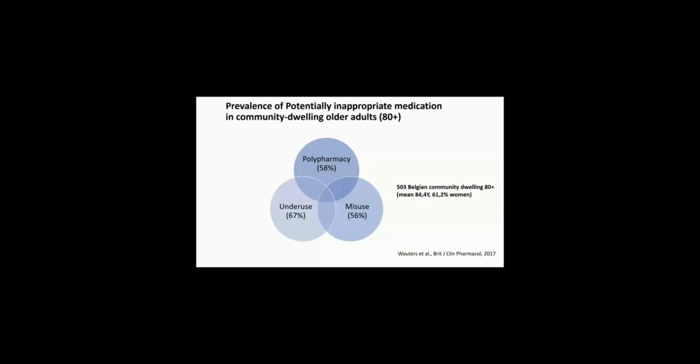Analyzing the prescriptions of these persons, we found that almost 60% had polypharmacy, 67% had underuse, or not treated for all their conditions, and almost 60% also misuse. And what's striking was that in 31 of these patients, all three elements were present at the same time. They had polypharmacy, there were signs of underuse, and there were signs of misuse.